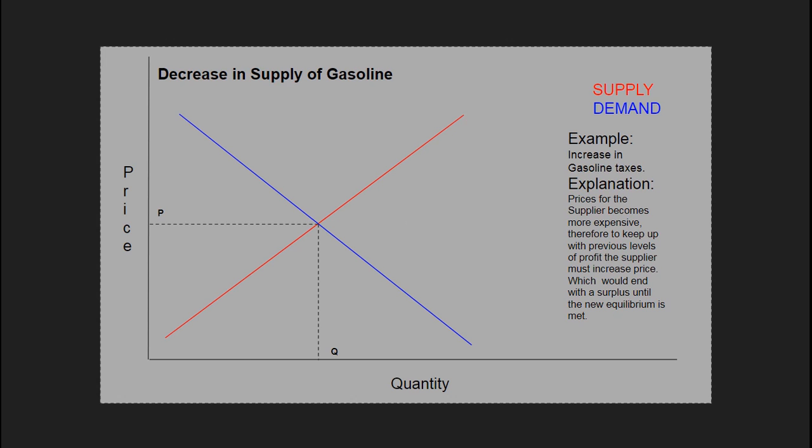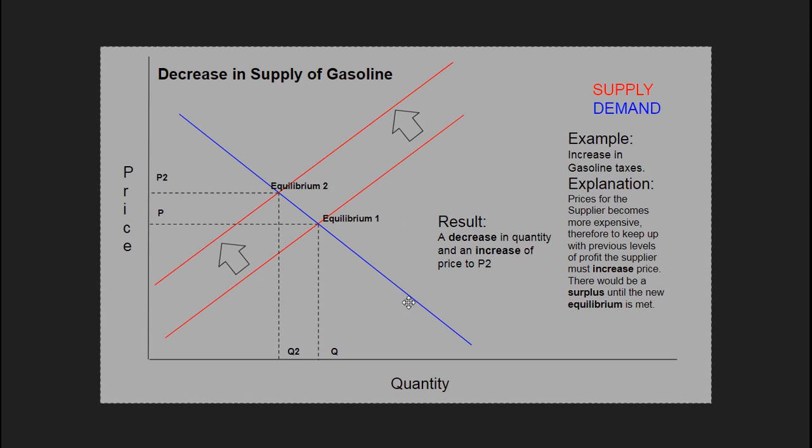And usually there's a surplus until then because prices are a little higher than what people are used to or want to pay. Alright, so here we have an increase in price but a decrease in quantity. Okay, and then we would have a surplus until the new equilibrium is met, as we previously discussed.